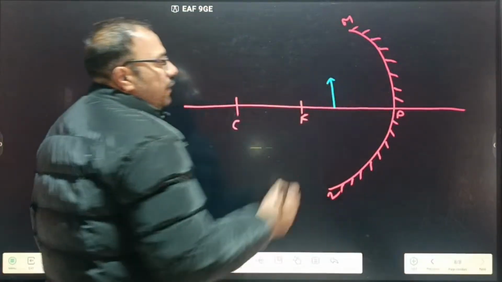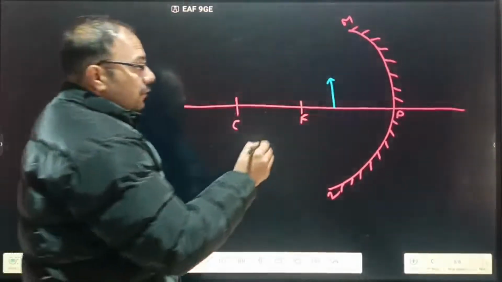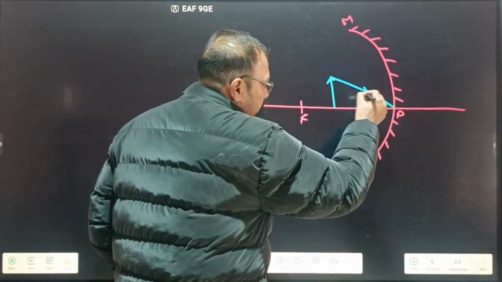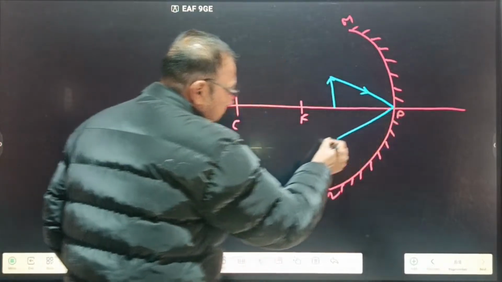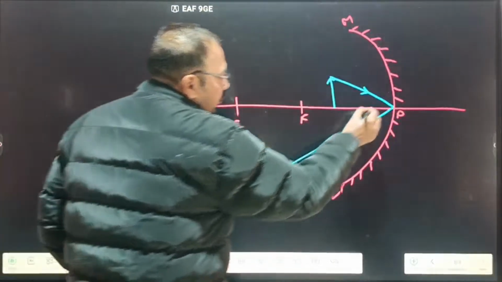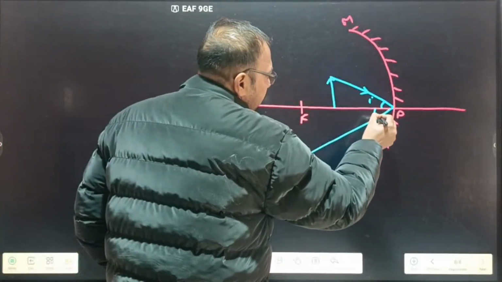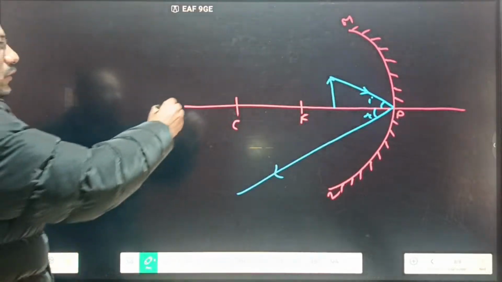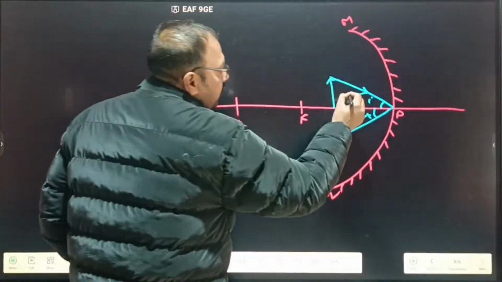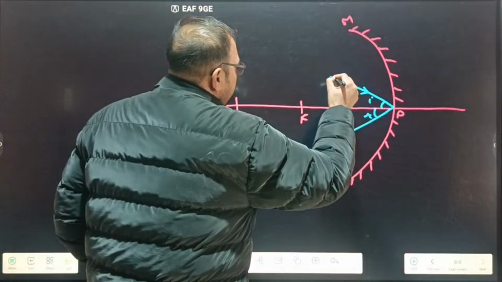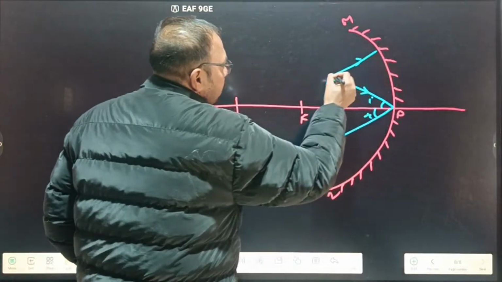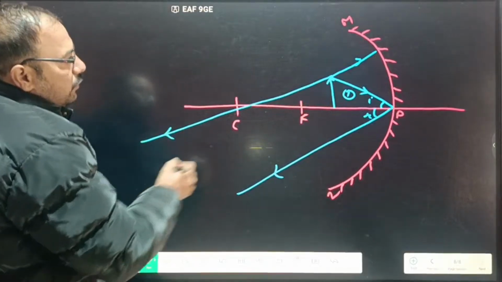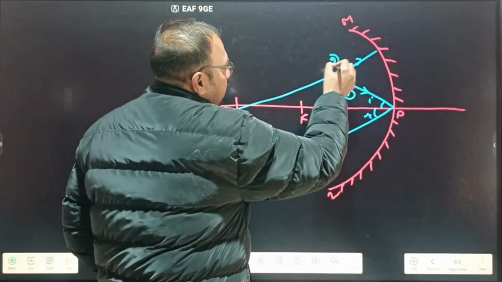We put object here, so one ray is generated, and that ray passes through the pole and is reflected with the same angle, so this is angle of incidence I and this is angle of reflection R. And the second ray passes through the C, in the direction like that. So this is the first ray, this is the second ray.